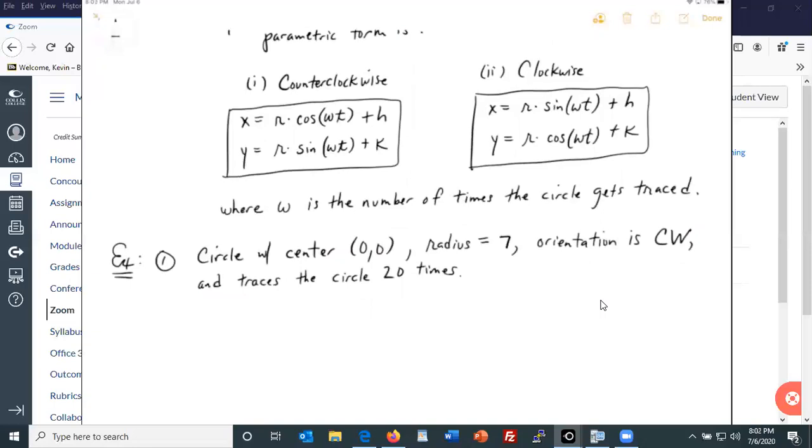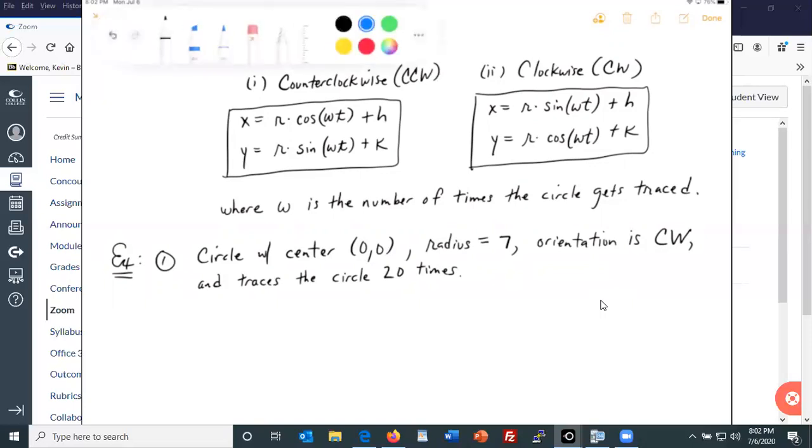So the information you need is right above there. So the first one is for the clockwise orientation. Counterclockwise, we'll say is CCW, okay? So we need the second set of equations. That's the first thing.